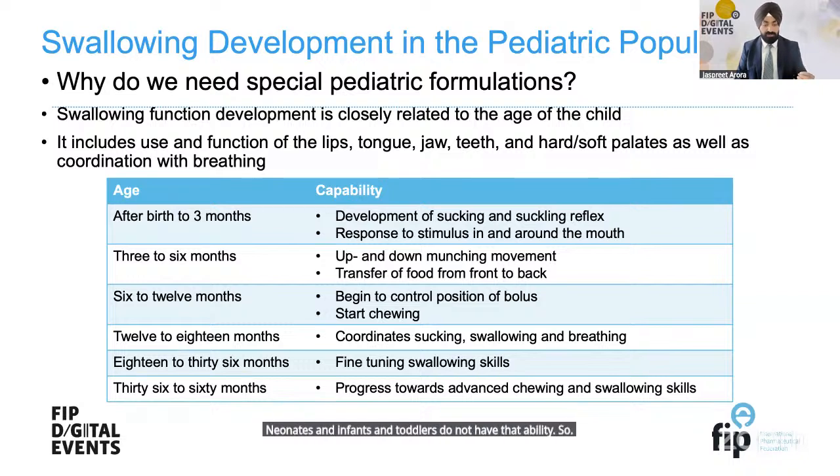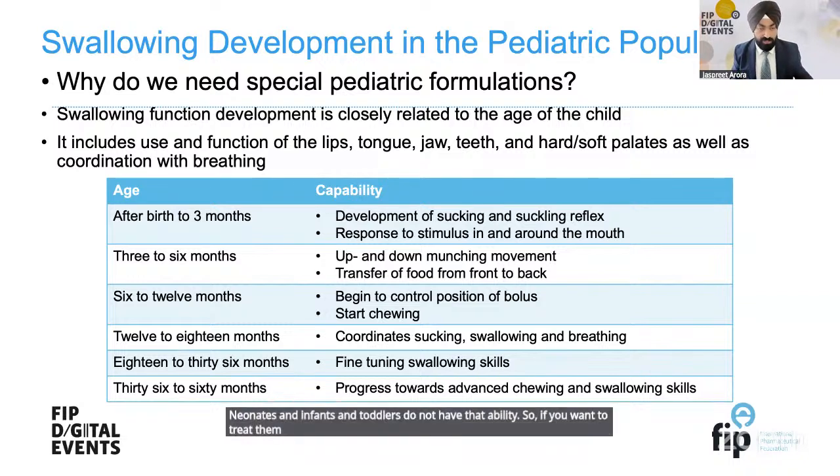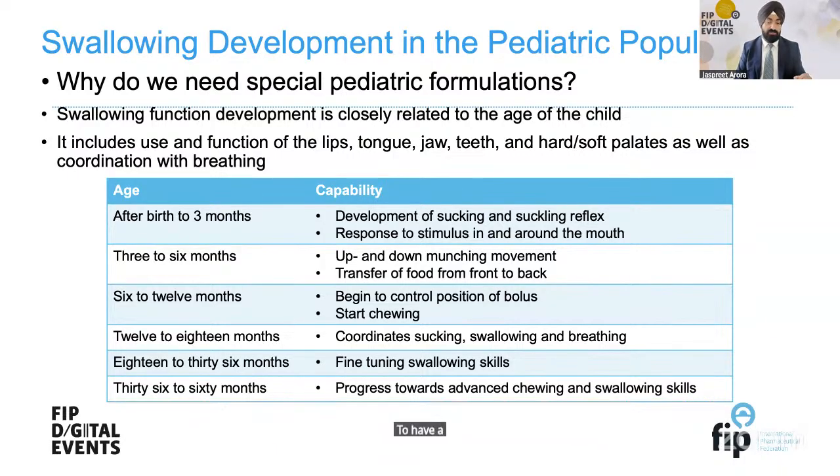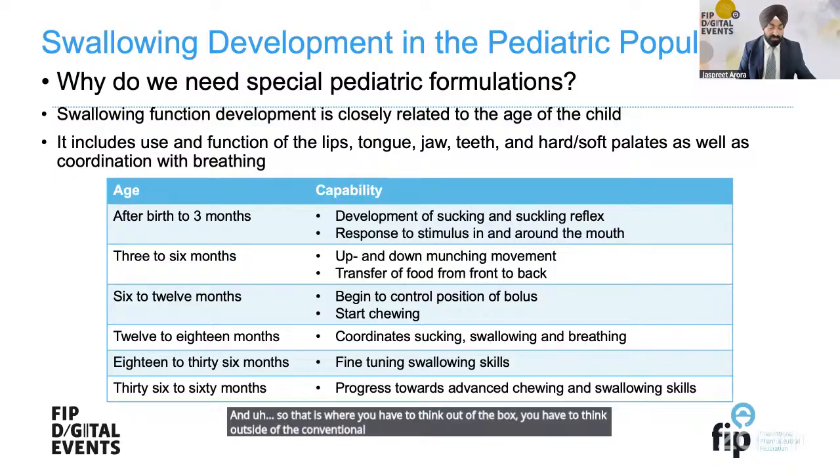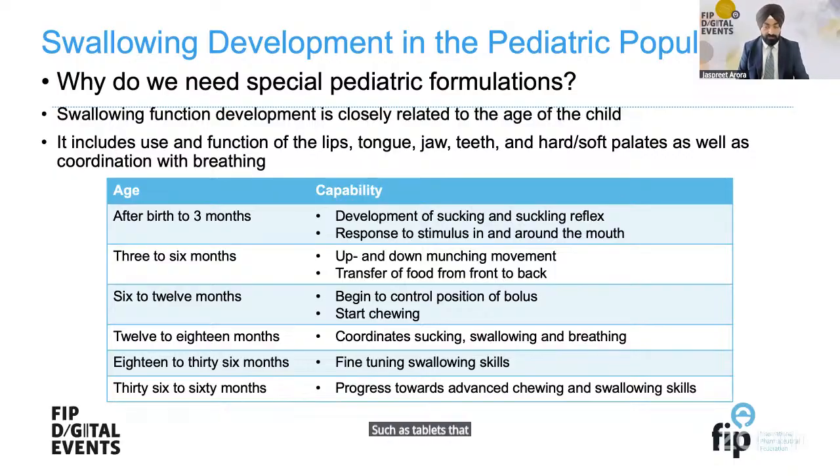So if you want to treat them for a certain indication or disease, it's going to be very difficult or pretty much impractical to have a tablet form of the dosage form. And so that is where you have to think out of the box. You have to think outside of the conventional dosage forms, such as tablets, that are available for drug delivery.